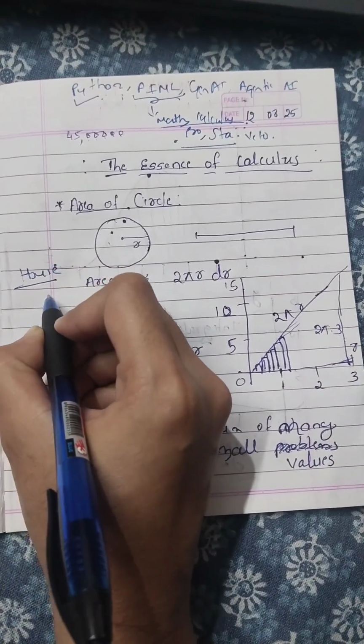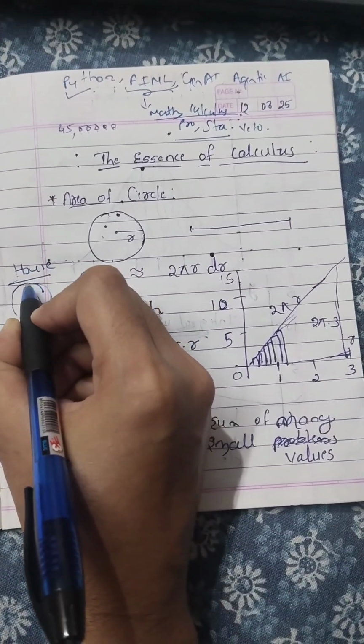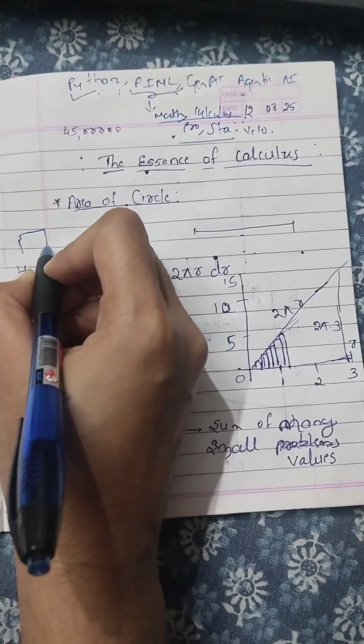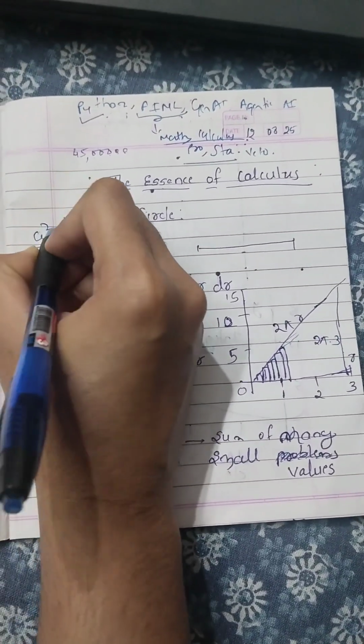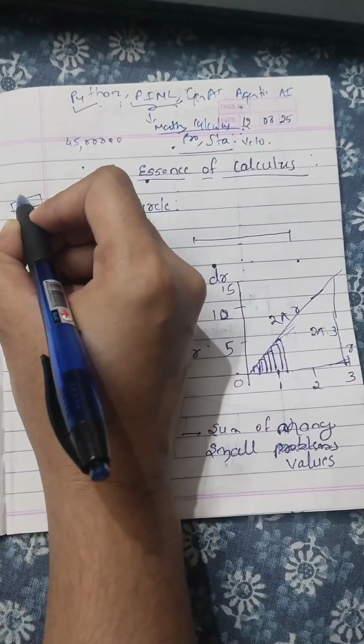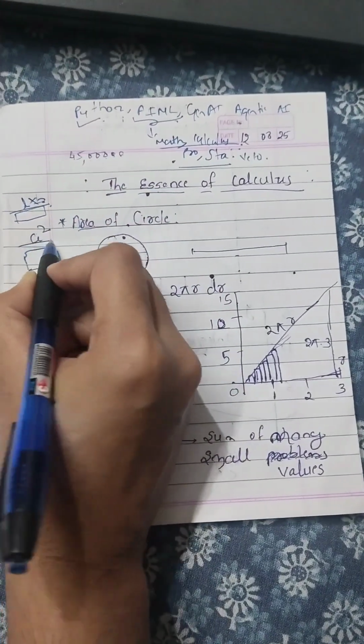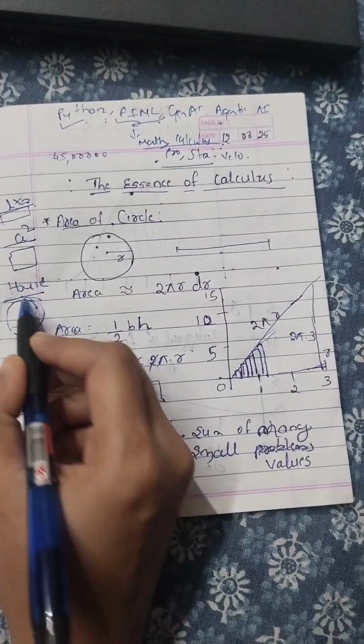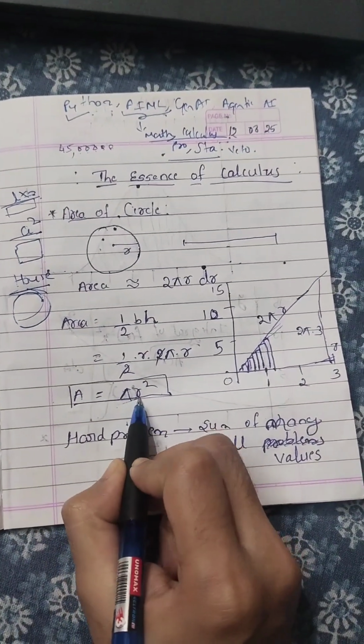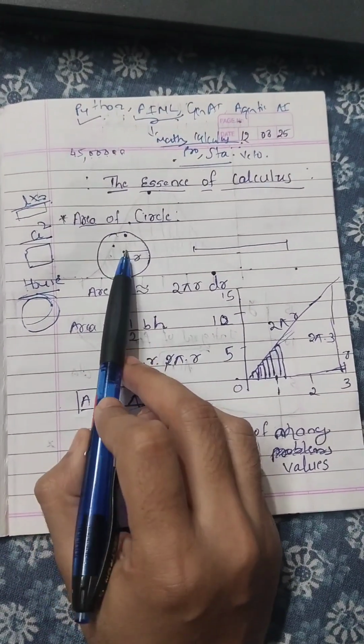If that is a square, it is a square; for a rectangle it is L into B. If that is in a circle, that is pi r square. So we are discussing here how it came.